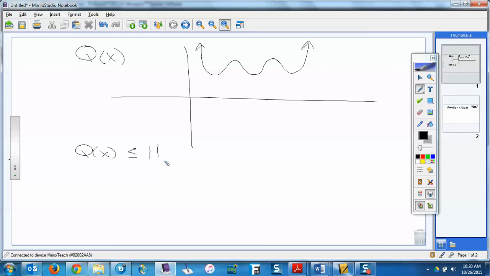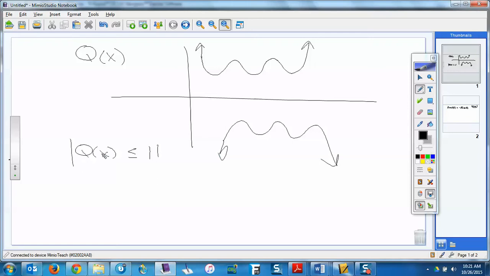Q of x is y, the y values, the outputs. Is it possible that the y values are all less than or equal to 11? Yes, sure. If we just took this thing and moved it down here, those y values would all be less than 11, for all x. In other words, the domain is all reals, so for all x inputs, the y's would all be less than 11.